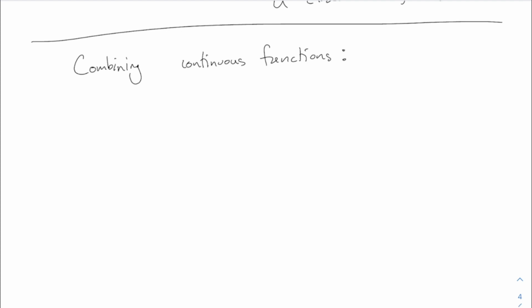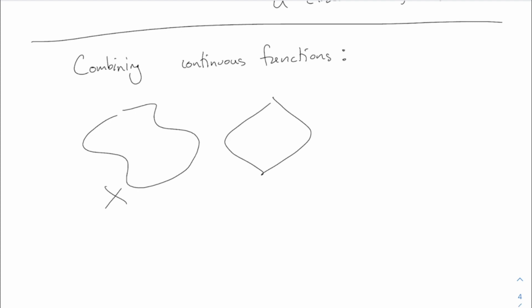So, combining continuous functions together. The setting of this one is if I have some space X and a Y, and I have a function that goes like this, and then I have another function which goes like this, Y to Z, say. This is the setting in which you can make the composition. You do f and then g, right? F followed by g, or f first and then g.